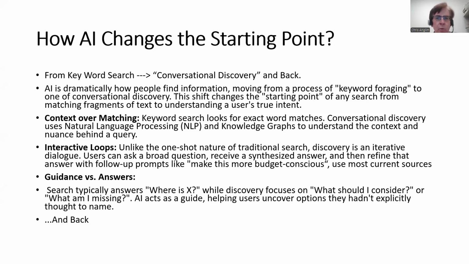Users can ask broad questions, receive a synthesized answer, and then receive follow-up prompts from AI, like make this result more budget conscious, use more current sources, information like that, sort of guiding you along to something that perhaps is more what you are looking for than what you exactly put in your search.